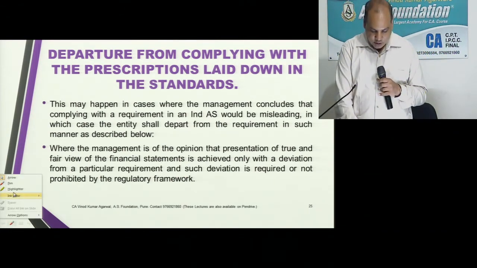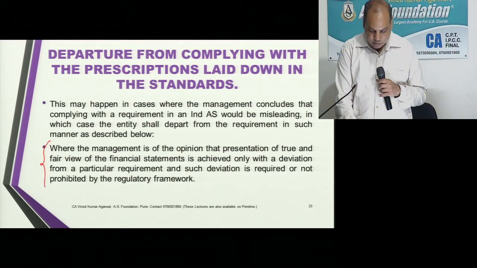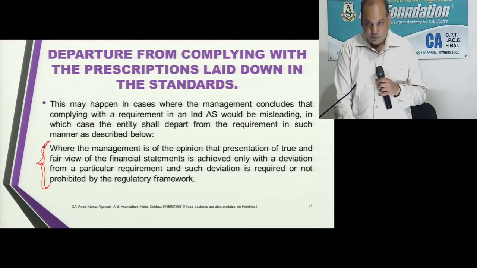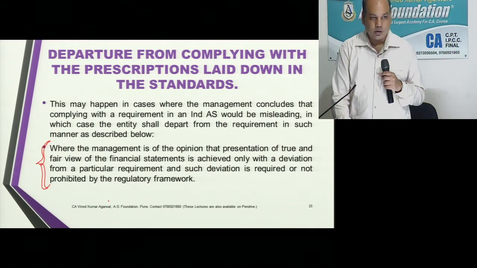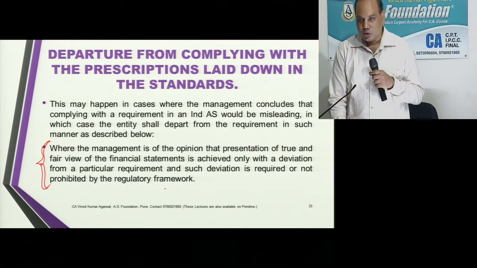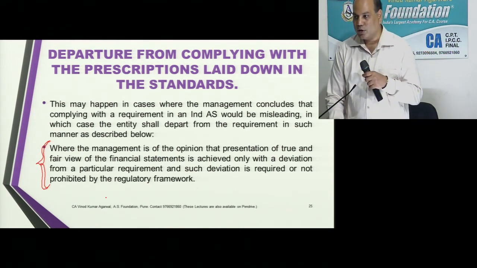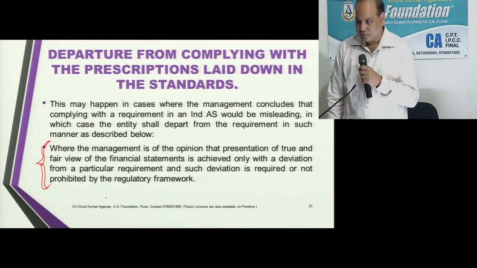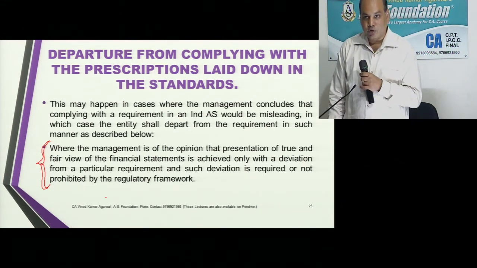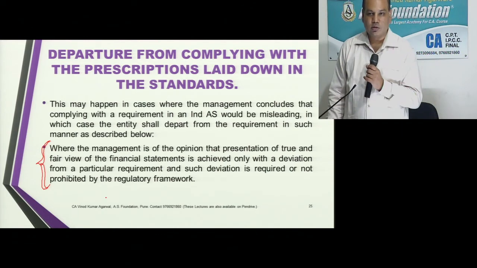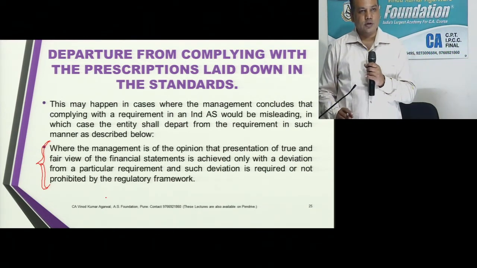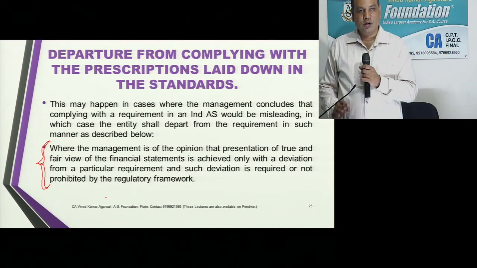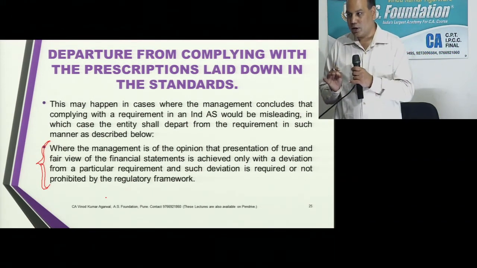Now please understand, deviation is allowed only if it is allowed by the law. Deviation is allowed if it is allowed by the law, meaning law does not prohibit deviation. But if the law prohibits deviation, then deviation is not allowed at all. If the Companies Act, suppose, does not allow deviation, then you cannot deviate from the requirement of Ind AS.